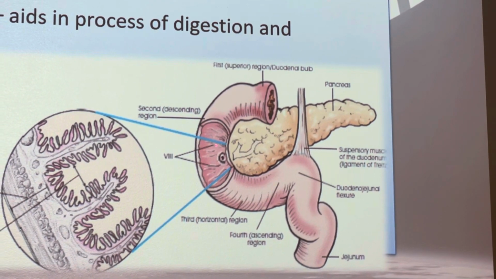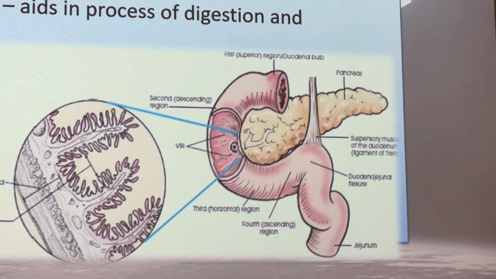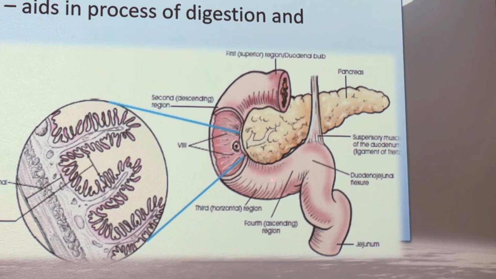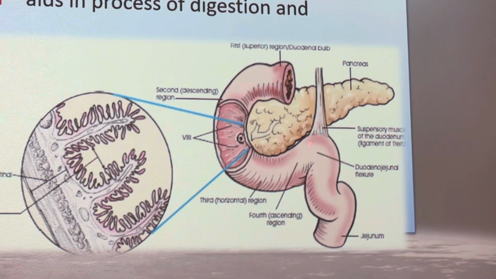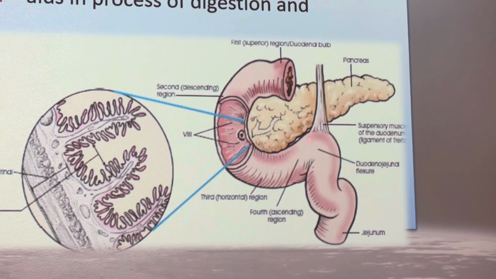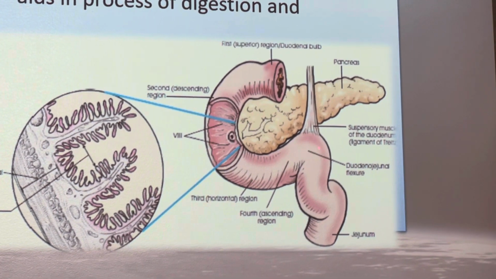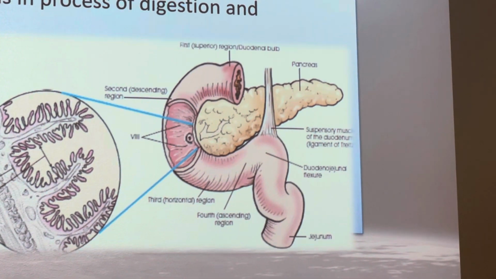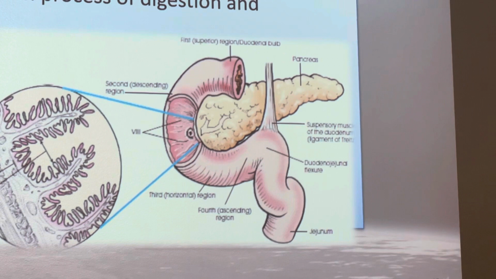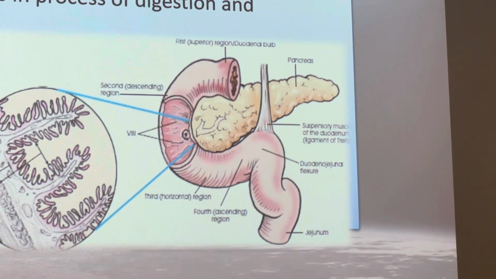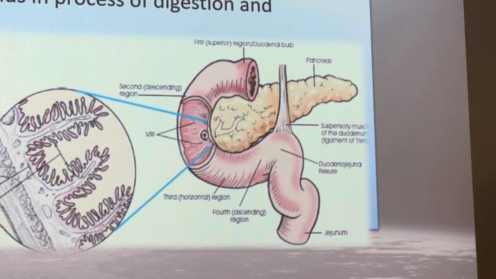We go down the descending region, across the horizontal, slightly back up again to the ascending, that's the 4th, and it ends at the duodenojejunal flexure. And that's whenever it becomes the jejunum. So there's 4 portions of that duodenum that we have to be aware of. Superior, descending, horizontal, ascending. 1st, 2nd, 3rd, 4th.